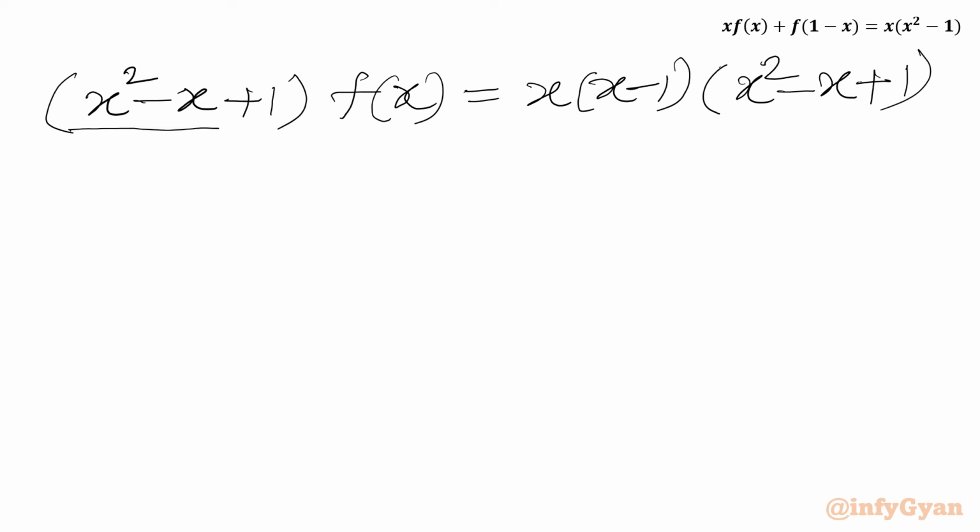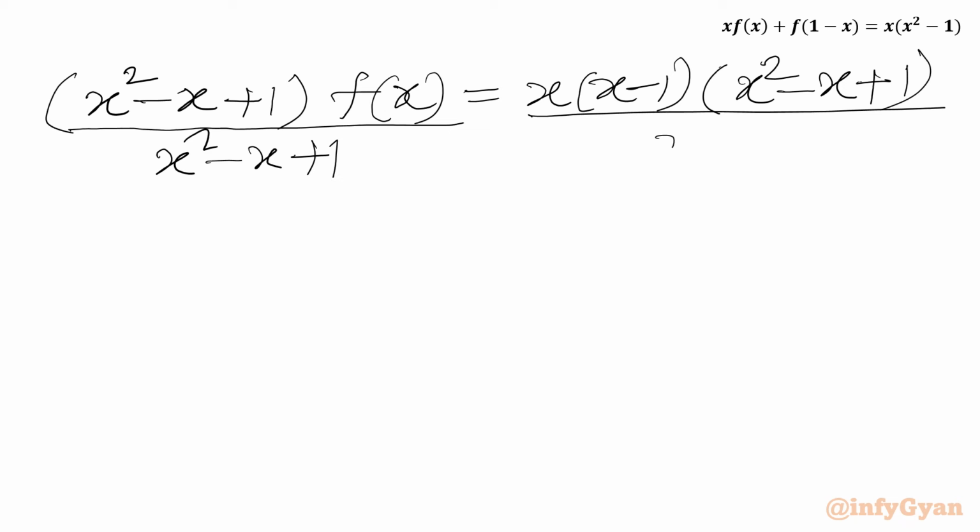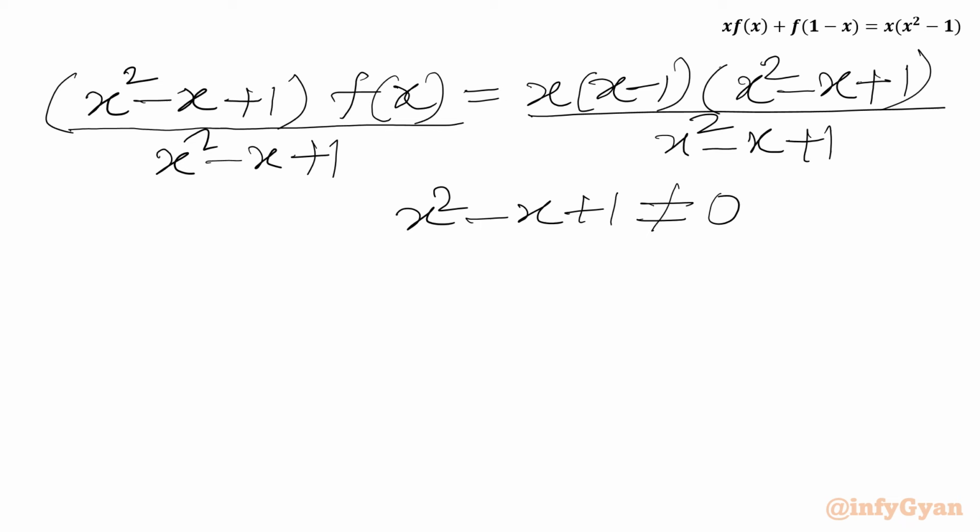Now we will divide both sides by x square minus x plus 1. This side also x square minus x plus 1. Considering x square minus x plus 1 cannot be equal to 0 for x belonging to real numbers, these two terms will be cancelled out.